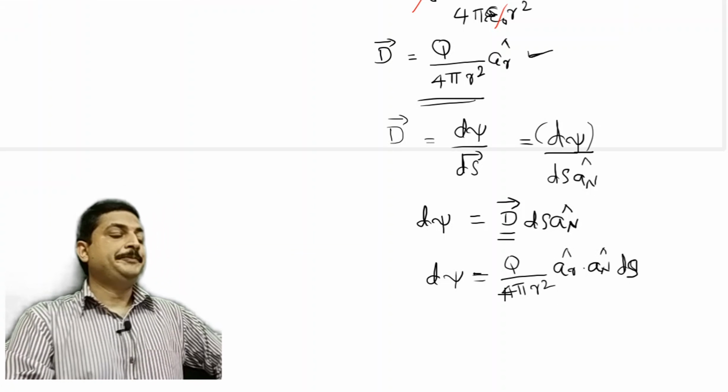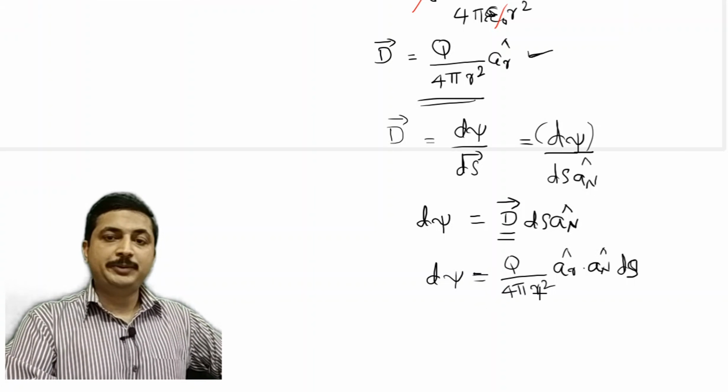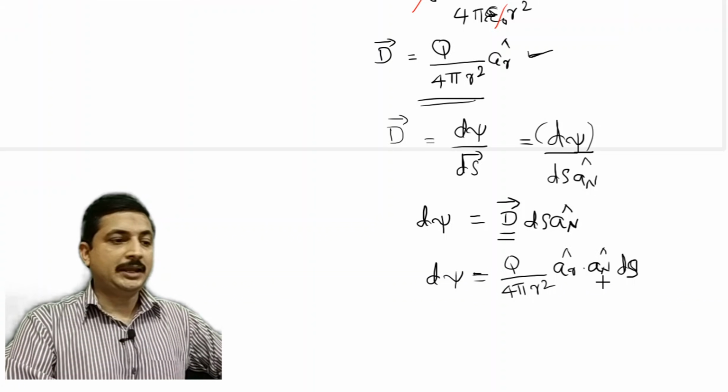So I get d psi equal to Q by 4 pi r square, A R cap dot A N cap, ds.